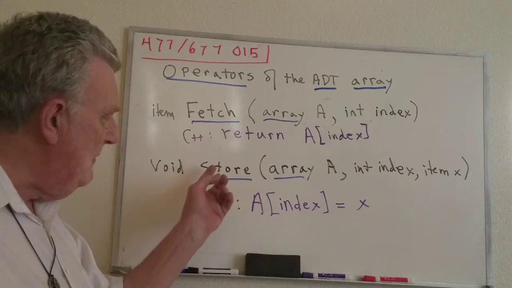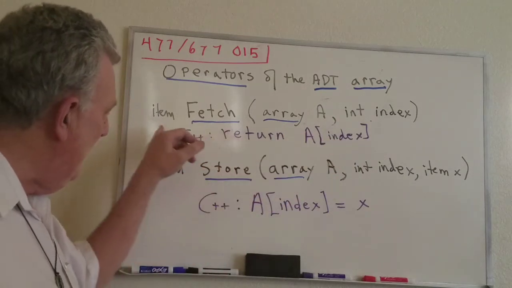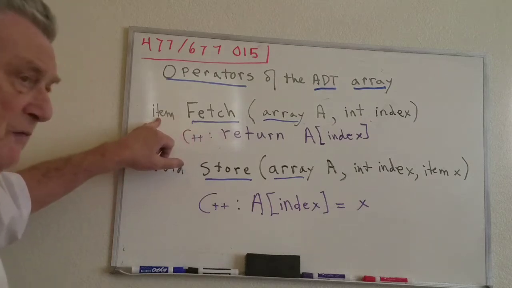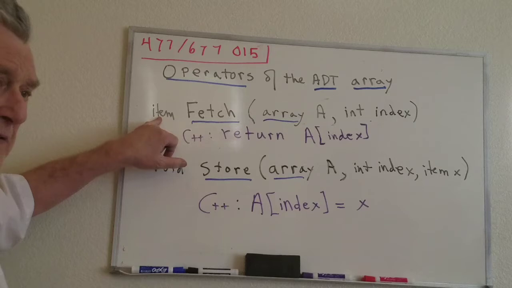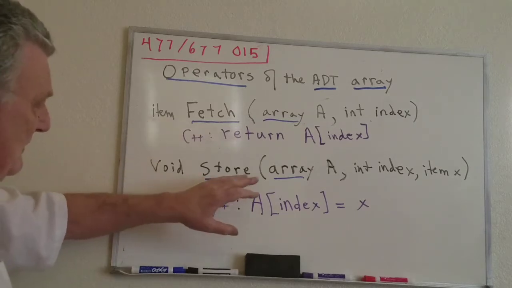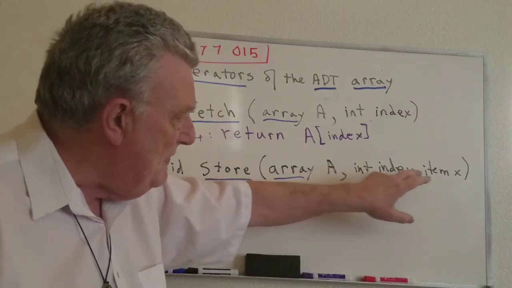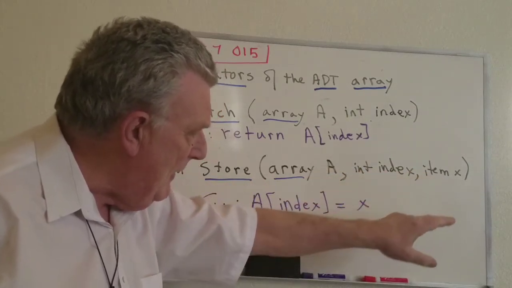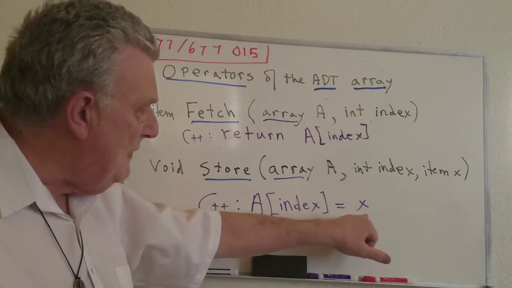On the other hand, you can store a value, and we're assuming that these values have a type. They don't have to be integer. We'll assume there's this type which we're going to call item. And we store in an array at a particular index the value of the item value x. So that corresponds to an assignment like this.